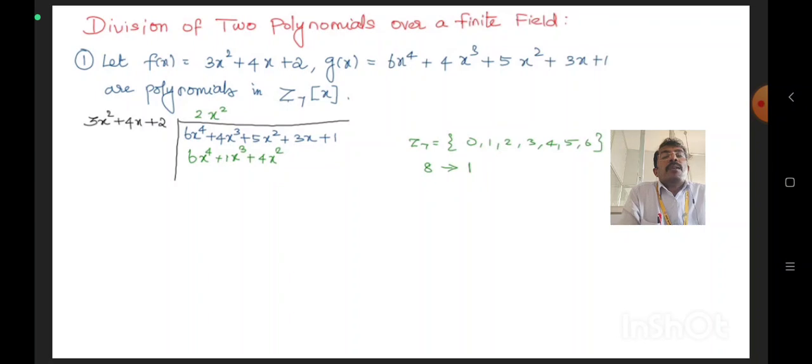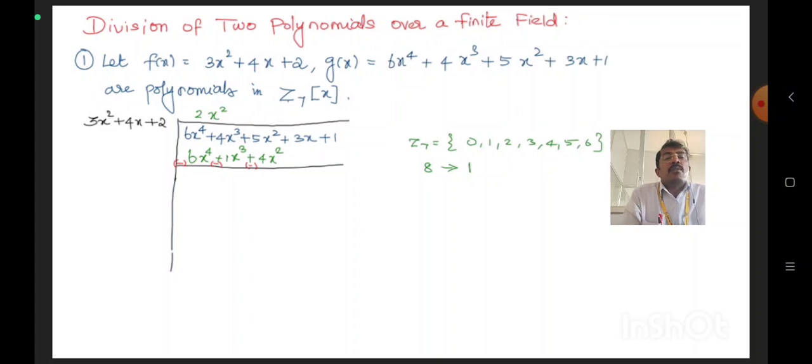When you multiply the terms, suppose you get an element bigger than the elements in the set. For example, if you multiply 4 into 2, you get 8. That 8 is not available in the field. What do you do? You subtract the n value. Here n in the field is 7, the number of elements.